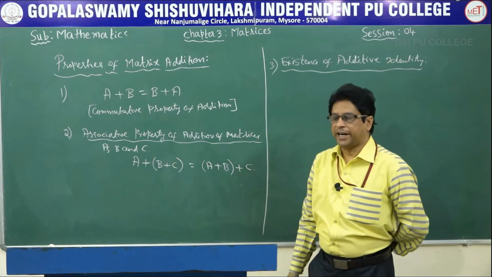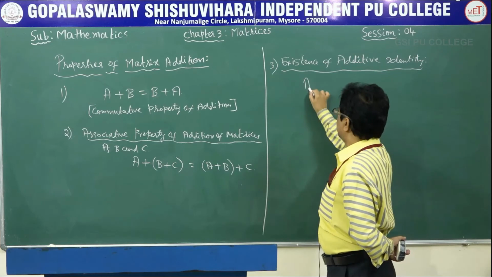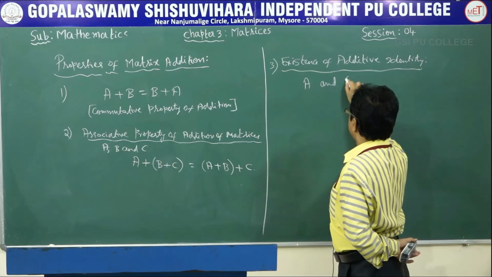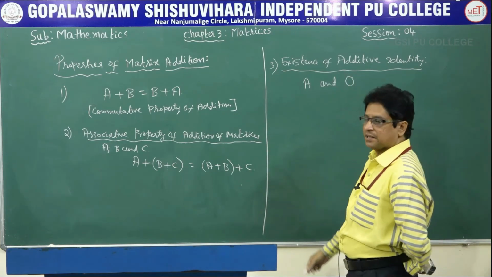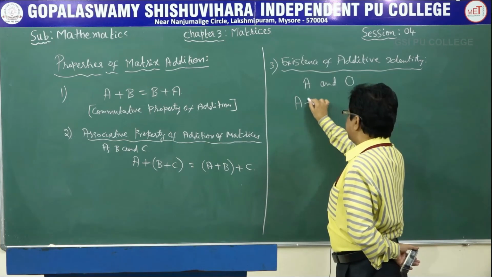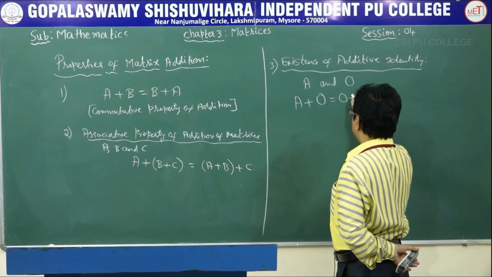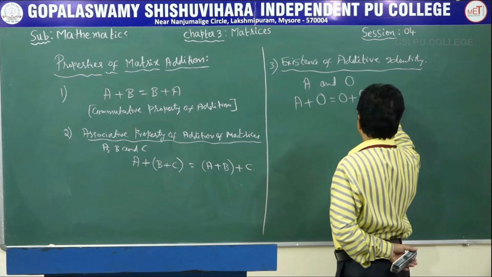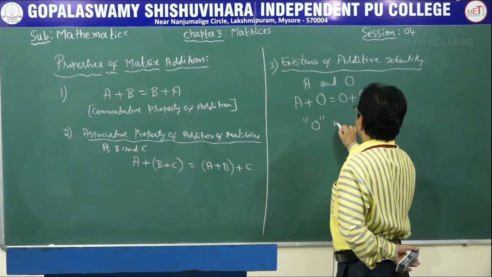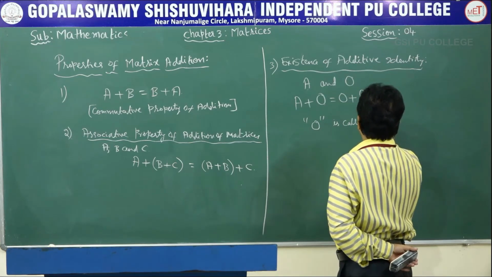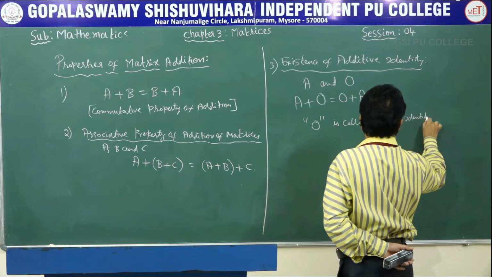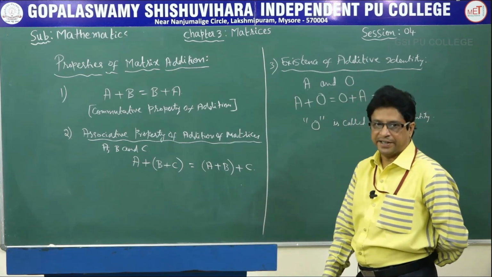That is, if A is any matrix and O be a null matrix of the same order of A, then A plus O will be equal to O plus A will be equal to A. This O is called additive identity.